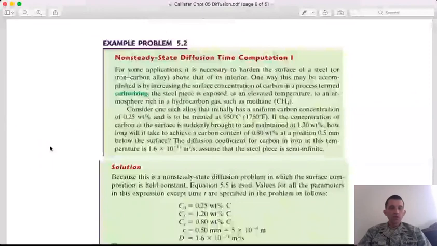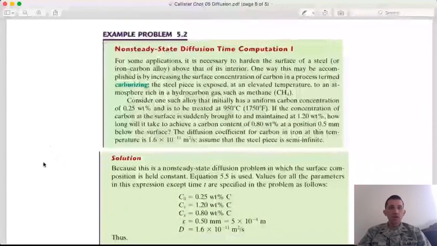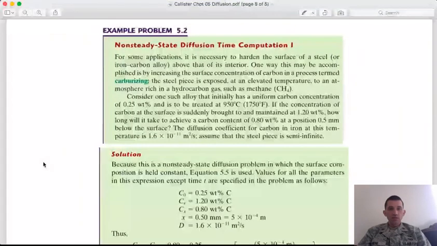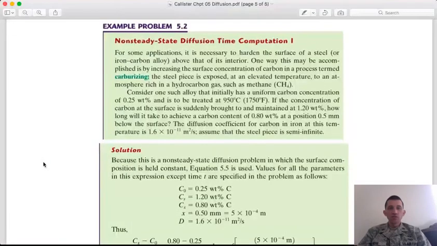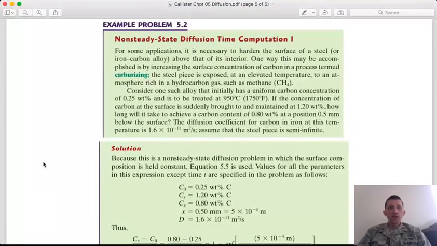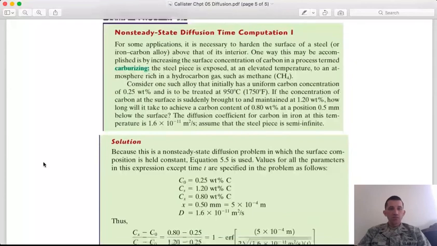Okay, so lastly, we'll look at an example of non-steady state diffusion. In this example, we are going to be looking at carburization of a steel part. So we're diffusing carbon into steel at an elevated temperature to harden it.